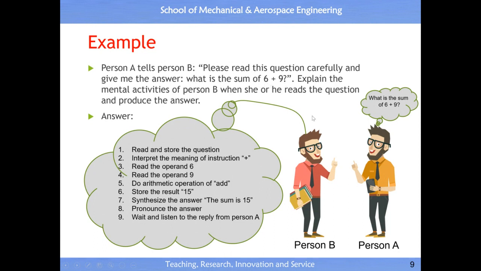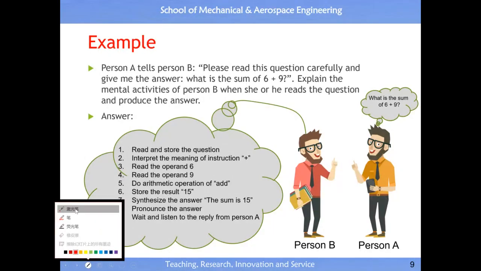Then you can start to think: when person B receives this instruction, or this string of data, what happens? What is the mental activity inside the brain of person B? Here I just list down a series of mental activities inside the brain. So immediately you understand.